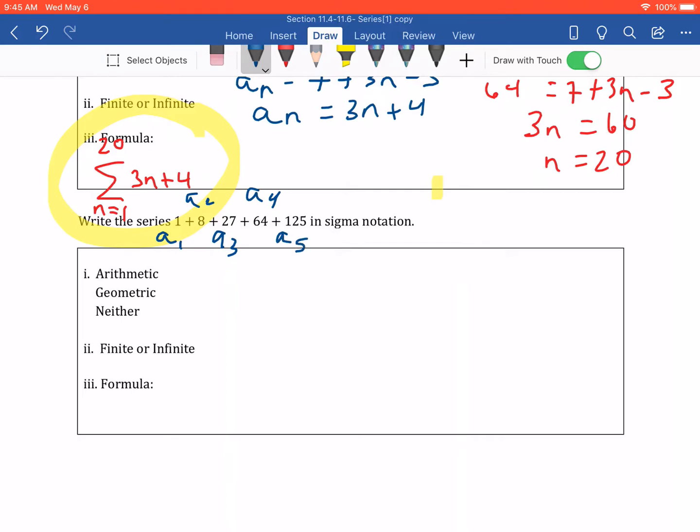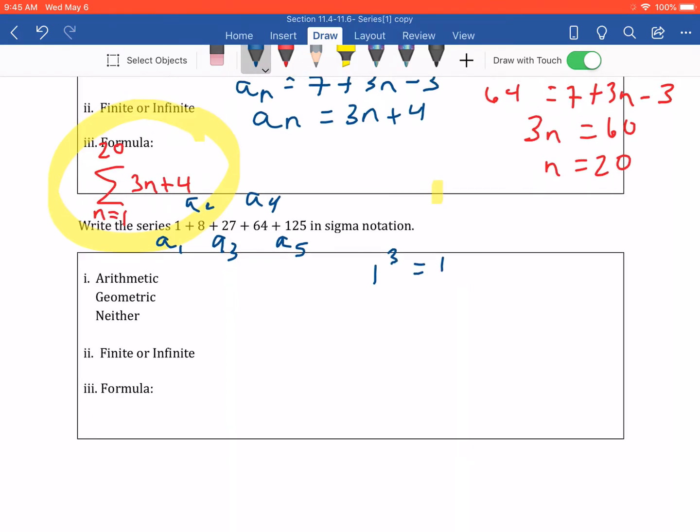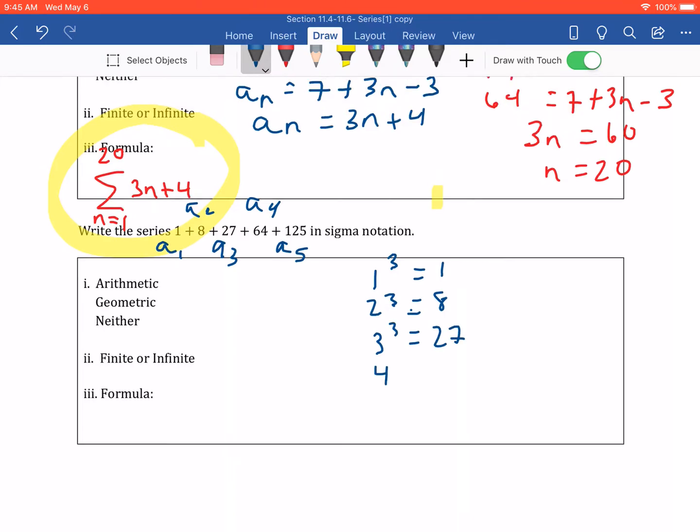Looking at this, it seems like 1 cubed is 1, 2 cubed is 8, 3 cubed is 27, 4 cubed is 64, and 5 cubed is 125.